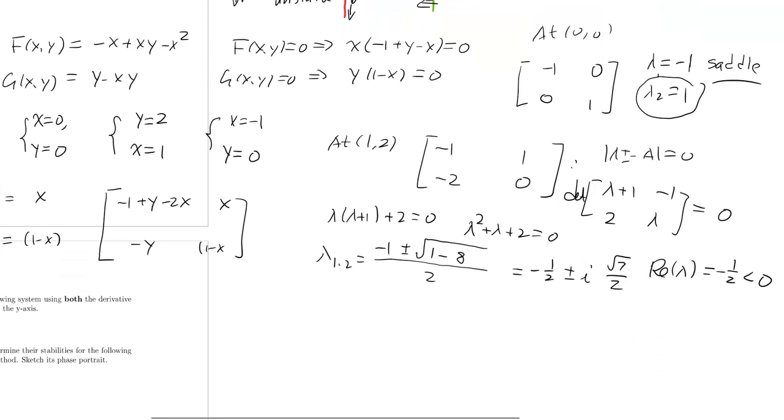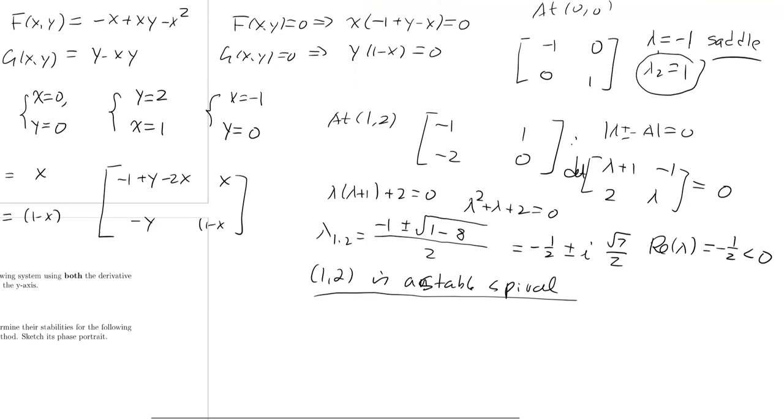Because of the complex roots, and because we have a negative real part, this equilibrium is a stable spiral. It's a stable spiral.